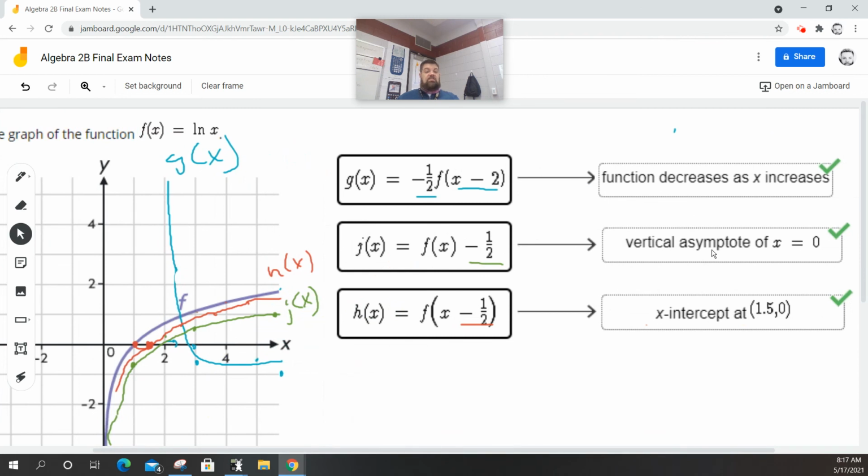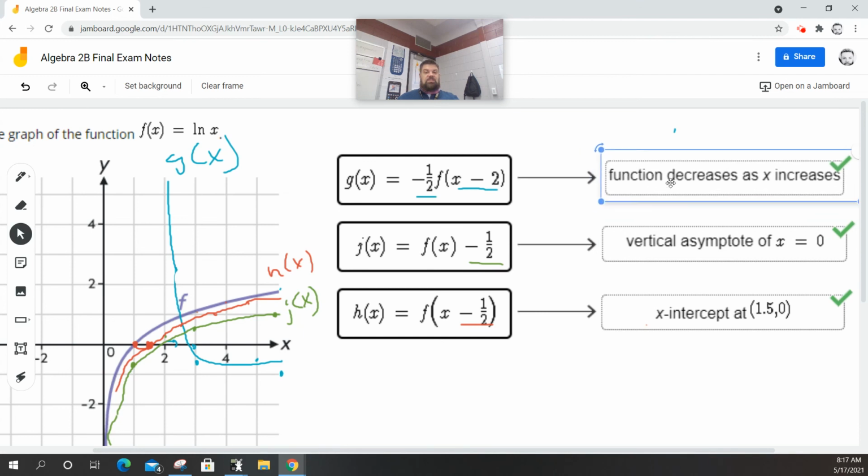J of x does have a vertical asymptote at 0. So again, this is one of those things where Mr. Adams is not the most fond of. Like some kid in a hurry could choose the wrong one, I suppose. And g of x definitely decreases as x increases because of that negative 1/2 in front. Okay?